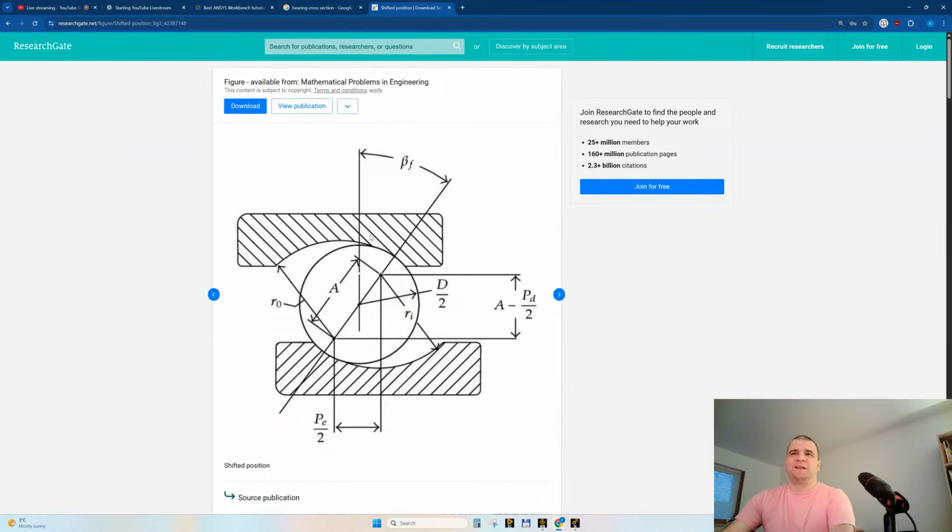So what I'm trying to say is that we will need to impose some friction in order to see rotation of the balls during such a small rotation that we will do.